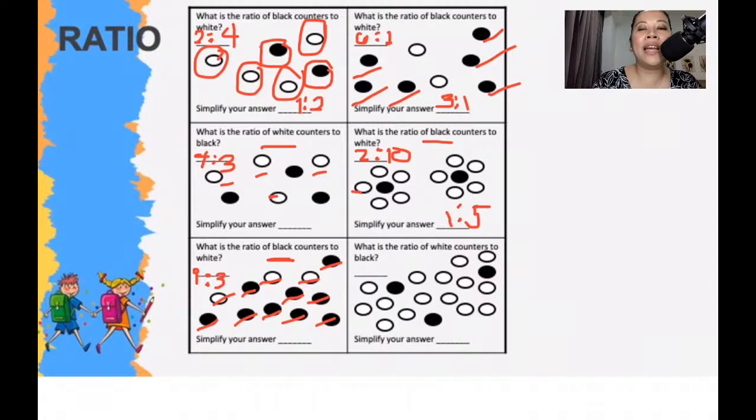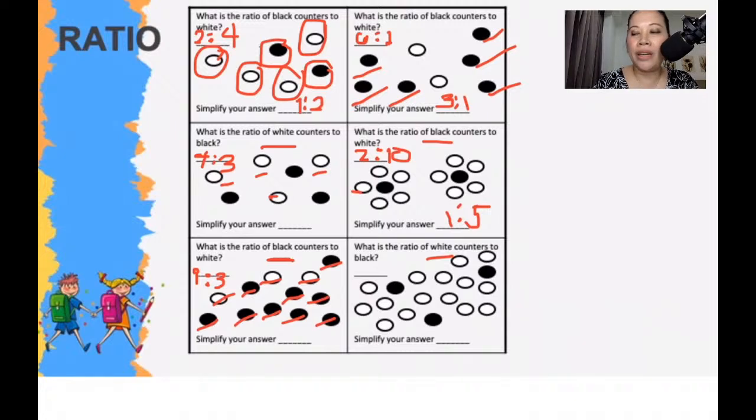Okay, so the next one, that is correct. 1 is to 5. The next one that you need to simplify is the 9 is to 3 ratio, and then the last one is, what is the white counter ratio? While you are trying to type in your answer for the simplified form of 9 is to 3, I will give you the ratio for the last one, which is white first.